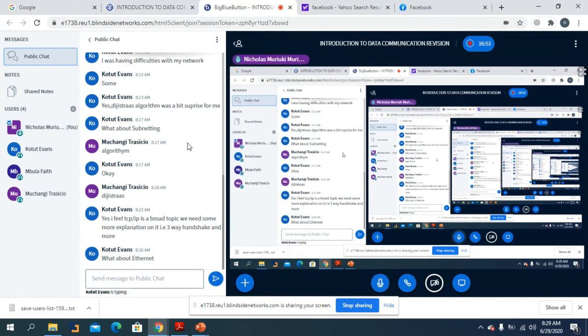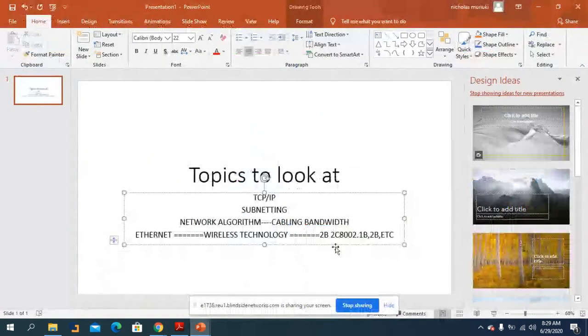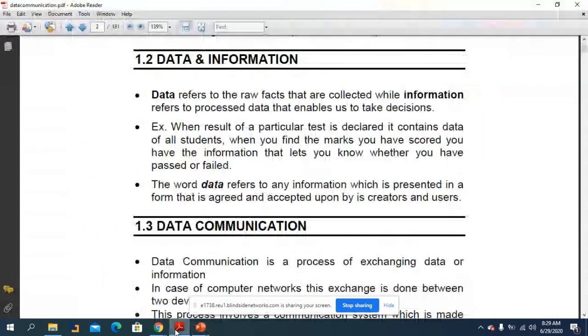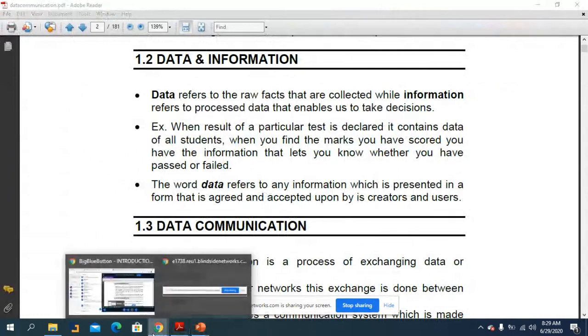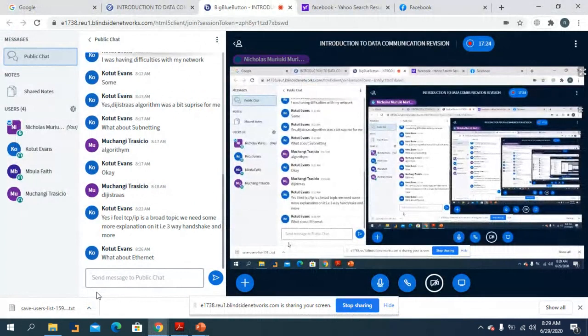So I will still add some things here. We look at Ethernet standards as part of an addition on that. Yes, Evans?